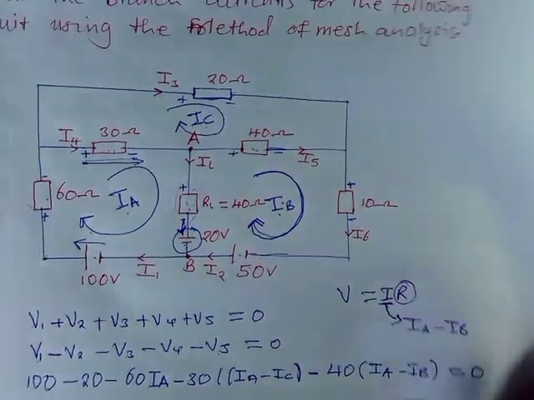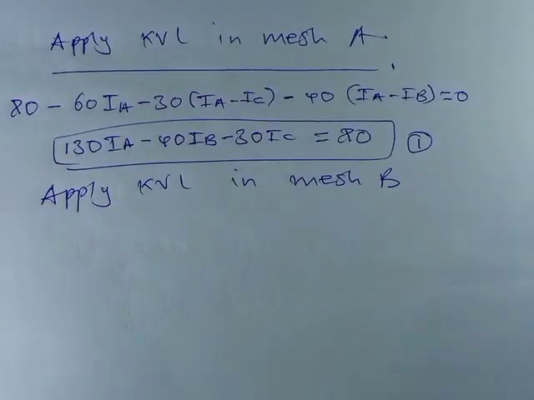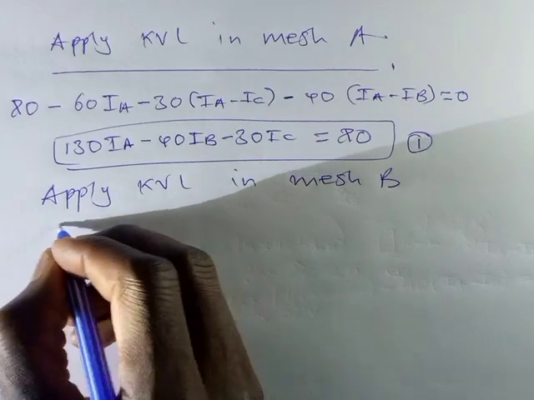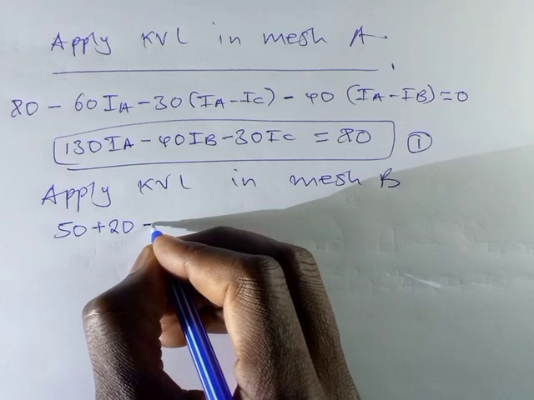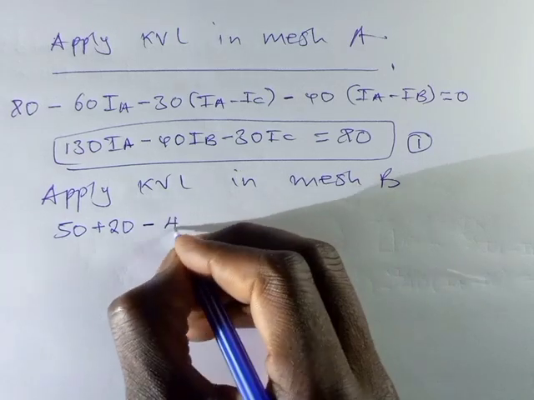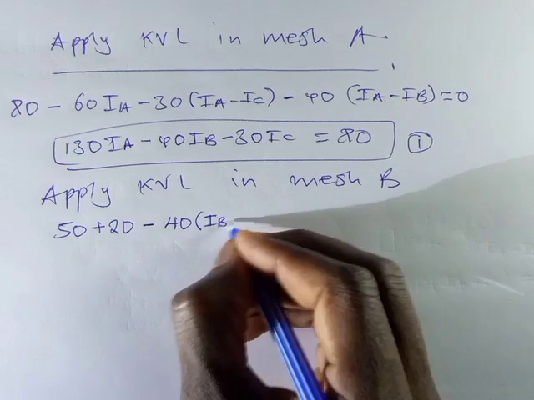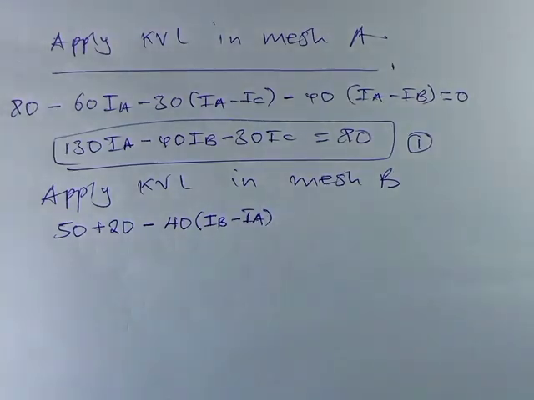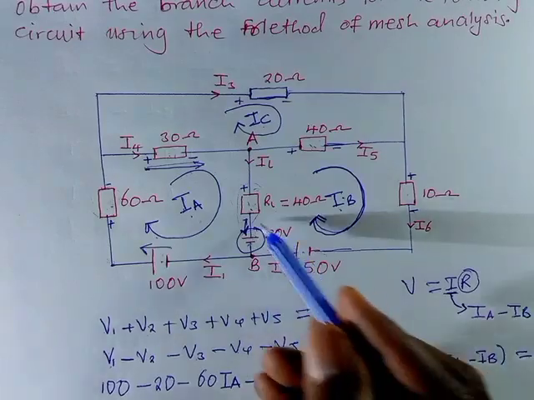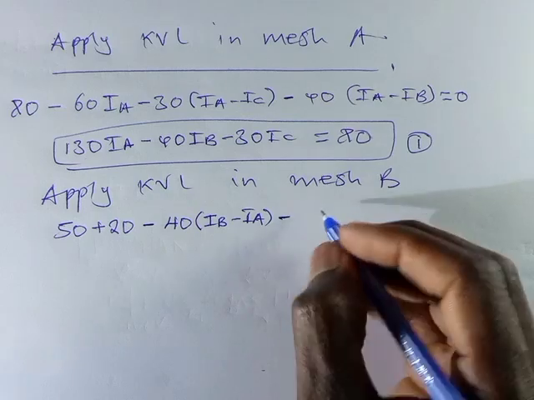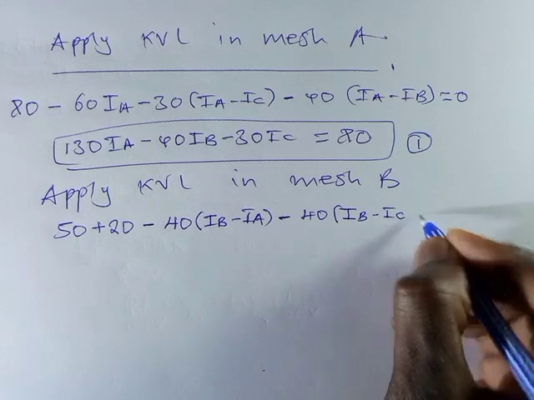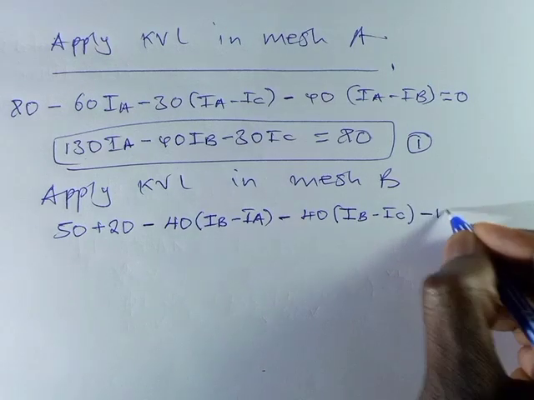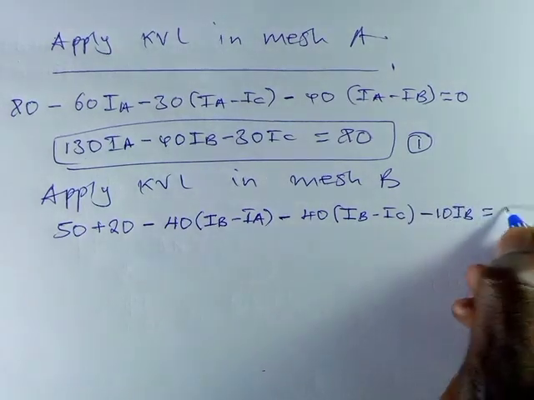I think we understand what we are talking about. So I'll start with the voltages. 50 plus 20 minus 40 open Ib minus Ia. This 40 we are talking about is the one in this given position. Then I'll say minus 40 open Ib minus Ic minus 10 Ib equal to 0.